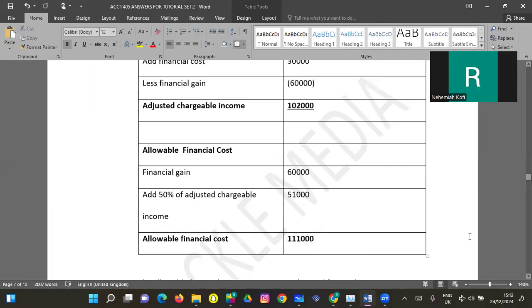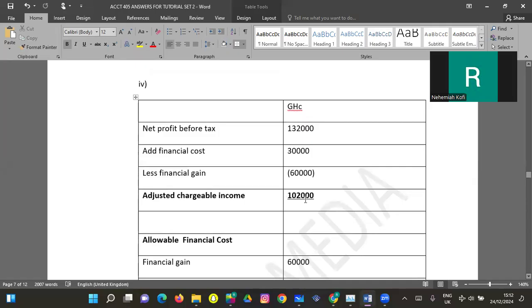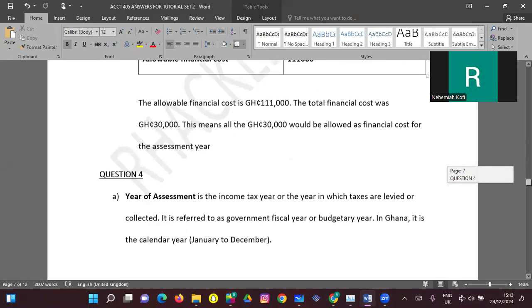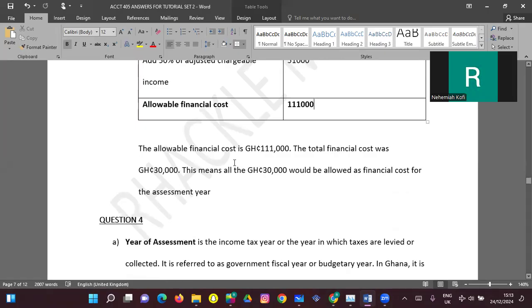Now because the finance cost is actually 30,000, and 30,000 is going to be paid this year. So basically, that's it here. Allowable finance cost is 111,000. The total finance cost was 30,000.